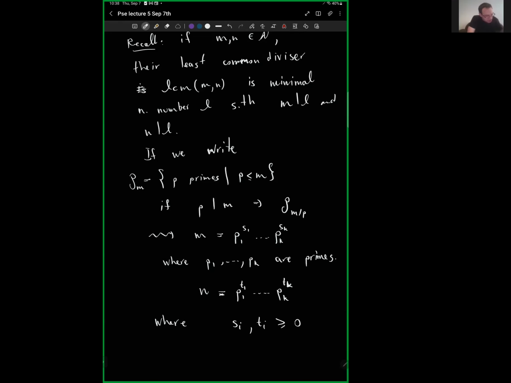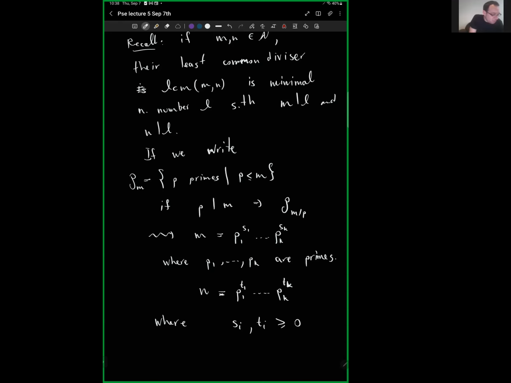The prime decomposition of m and n could consist of different primes, but if I want to look at m and n on the same level, then I add artificially all the primes that appear in the factorization of m and n.